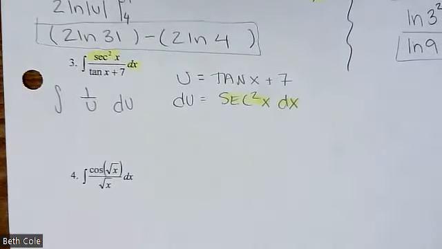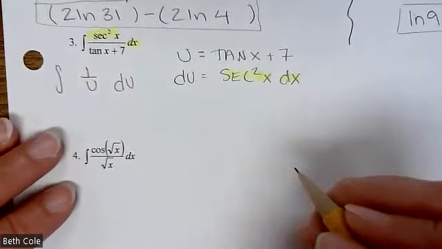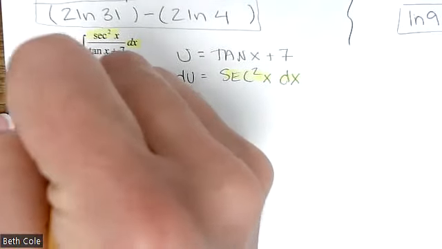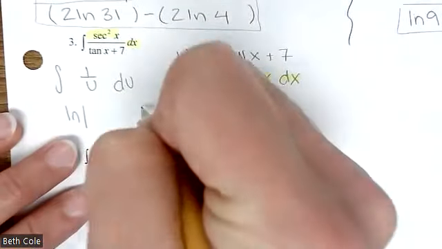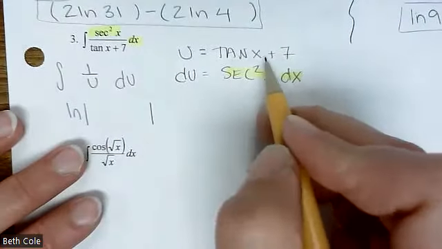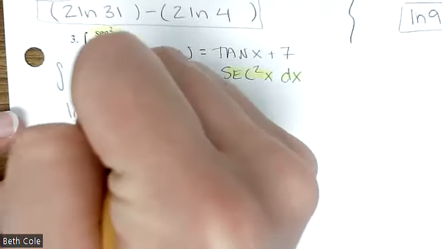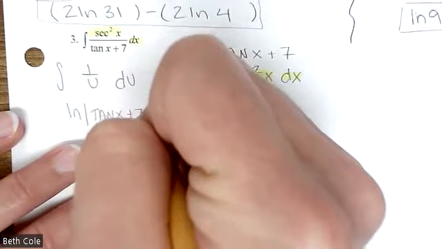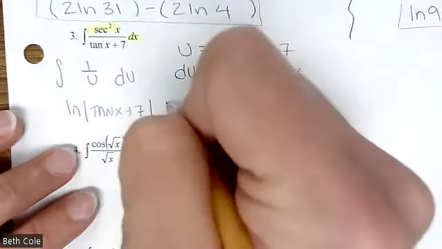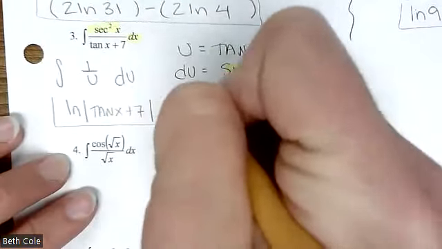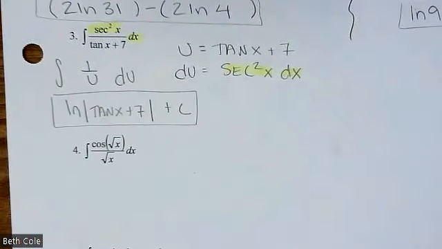Good. So what's that antiderivative? ln of u. I'm going to try and get you to skip this step. You can write ln u if you want, but it's going to be ln of tangent x plus 7. And then at the end, let's see. Cool. We'll do these two and then we'll do our halfway break.